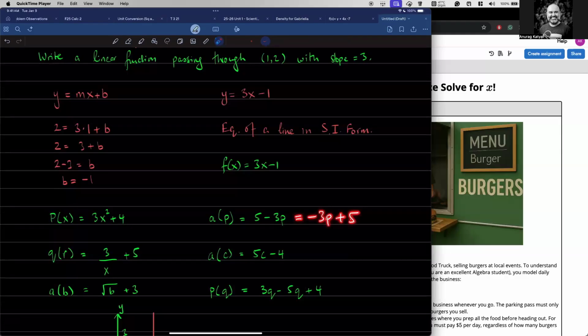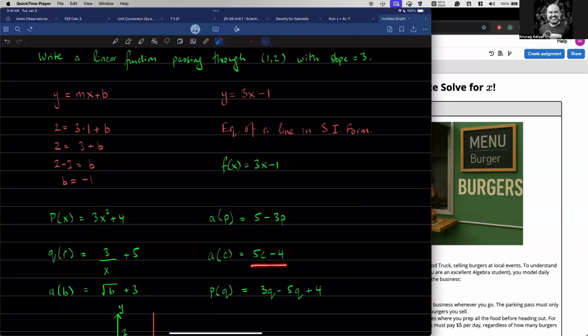Now does it look like mx plus b? Can you rewrite this problem to look like mx plus b? That's why it's not linear. We always simplify before we classify. So if you can rewrite a problem, just rearrange terms or simplify, and get it to look like mx plus b, you have a linear function. If you cannot do that, then you don't have a linear function. Fair?